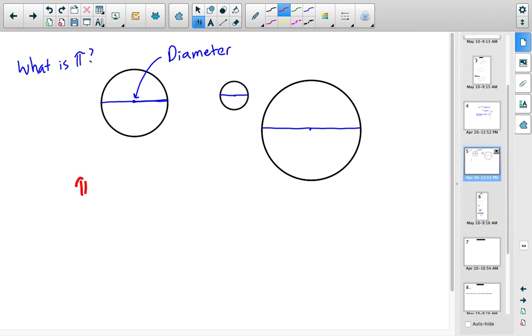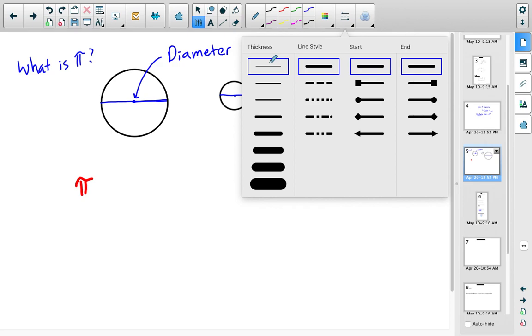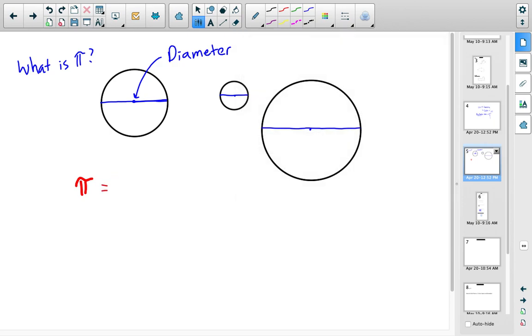The ratio pi is a ratio that goes around the circle. So it's a ratio of around the circle, which is the circumference, divided by going straight across, divided by the diameter.